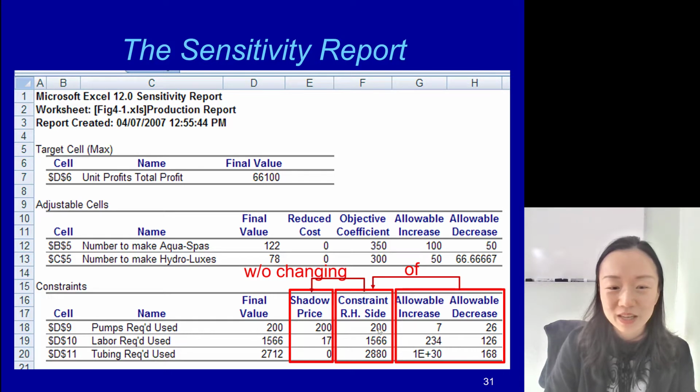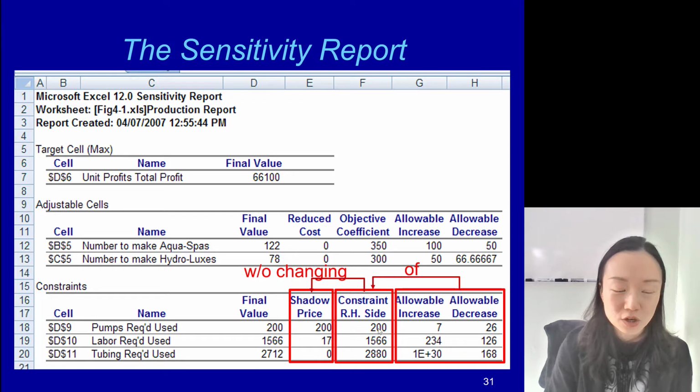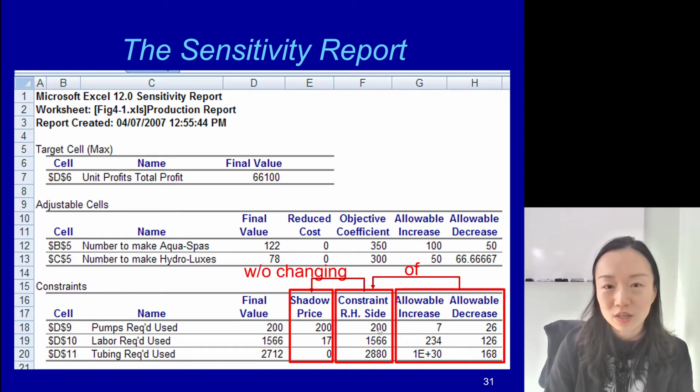If you think this way, currently we have 200 pumps, right? And this limitation on the pumps is constraining our objective function value from increasing. So we can't make more money because we only have 200 pumps to use, and we can only make 200 products in total because each of them requires 1 unit of pump.